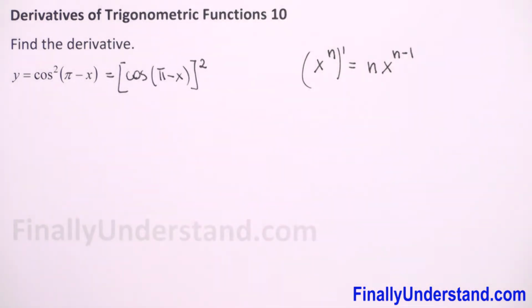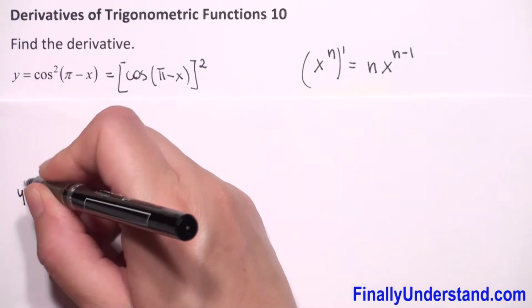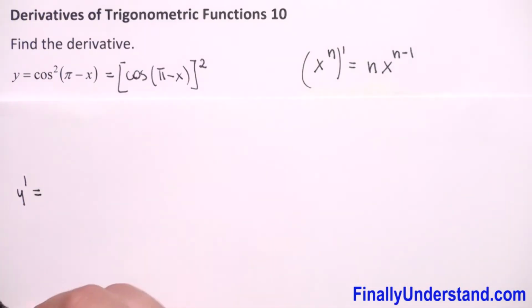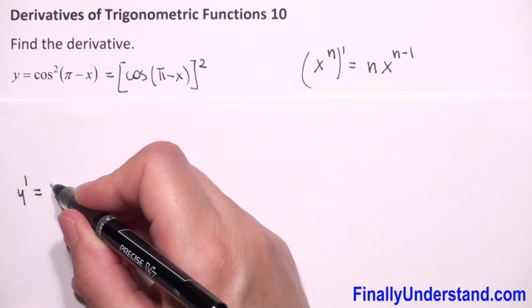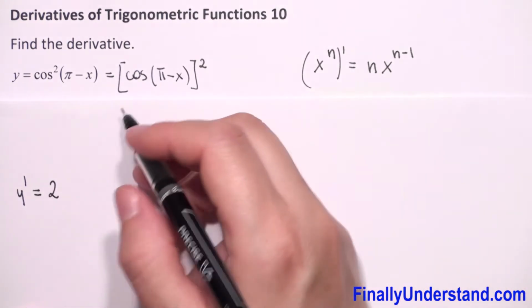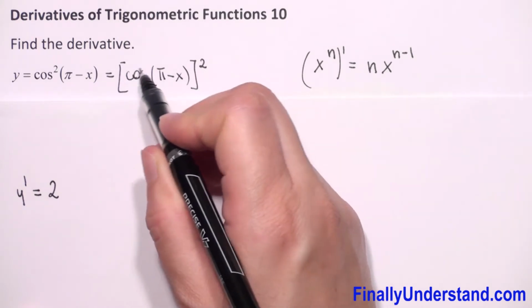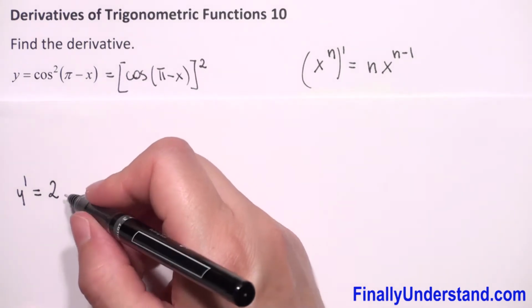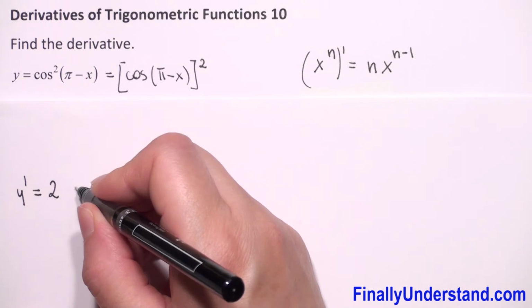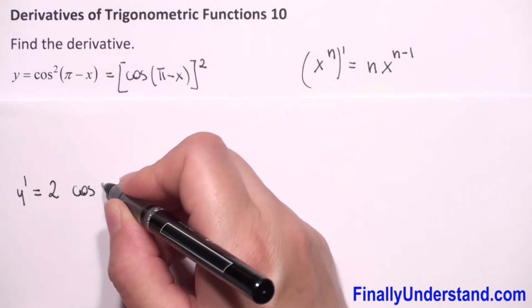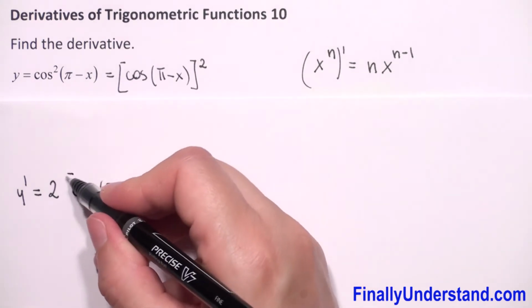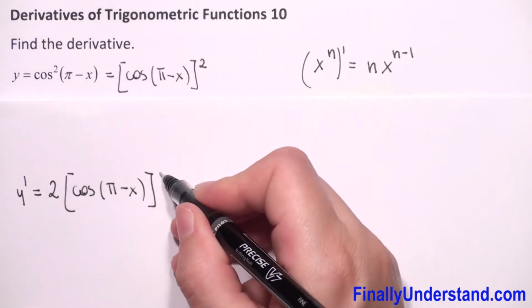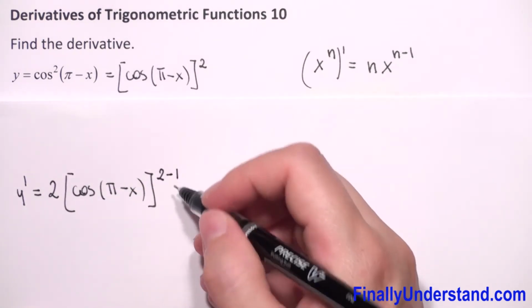So in our case, y prime is equal to: first we have to just copy the power, so it will be 2 times, and we copy the whole expression inside parentheses, so we have cosine of pi minus x, everything to power 2 minus 1.